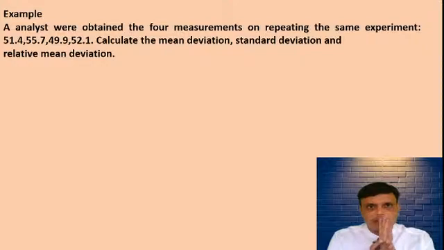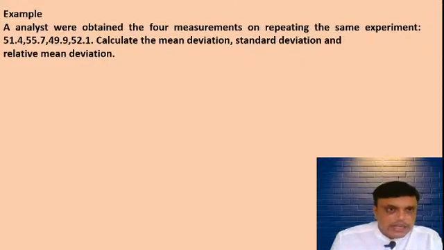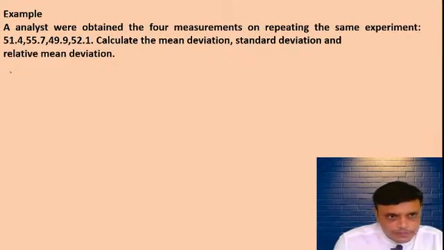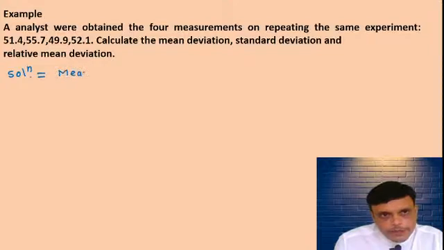So first, what you have to do, you have to calculate the mean. Now tell me the mean. Solution: first thing you have to calculate the mean. What is mean?